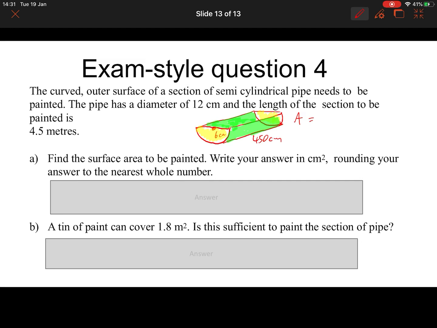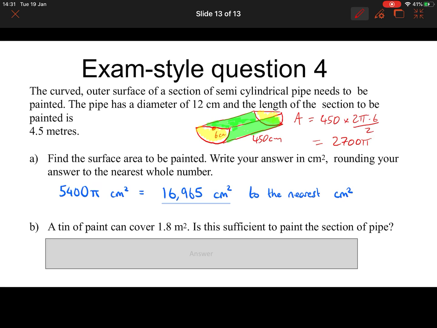So the area of just the green section, it's a rectangle, the base of which is going to be 450, the height of which is going to be half the circumference of the circle. So 2 pi r, which is 6, and half it, because it's just half the circumference, okay? So that's going to be 450 times 6, that's going to be equal to 2,700 pi.